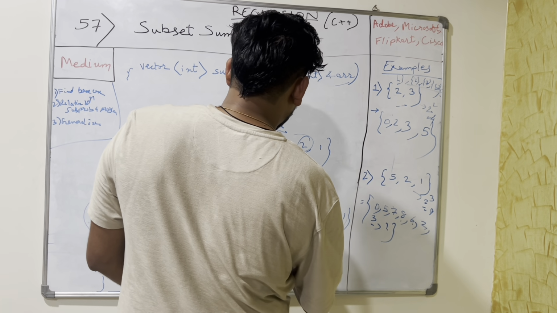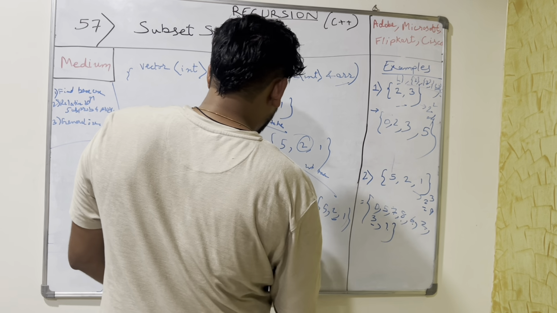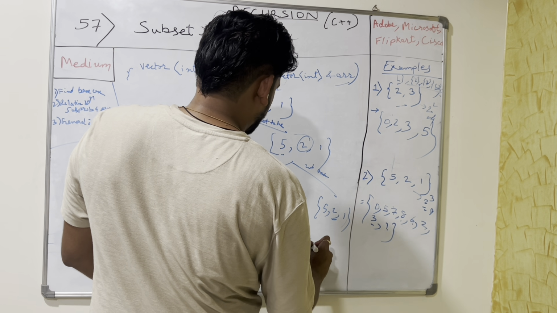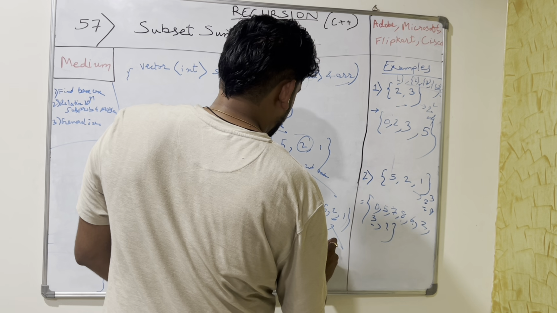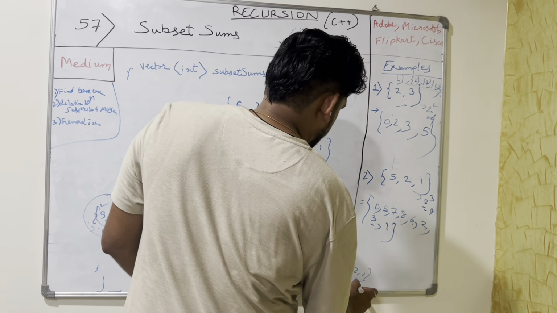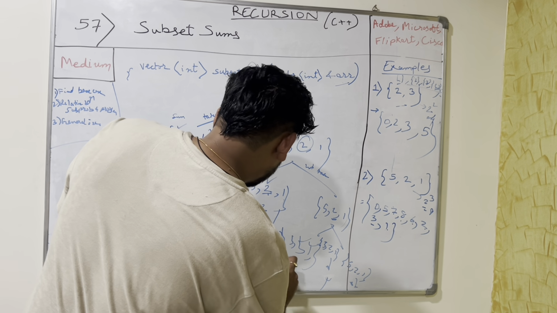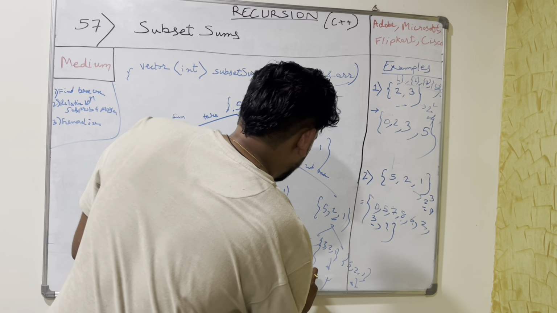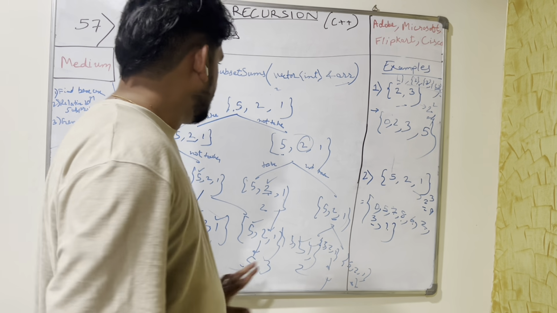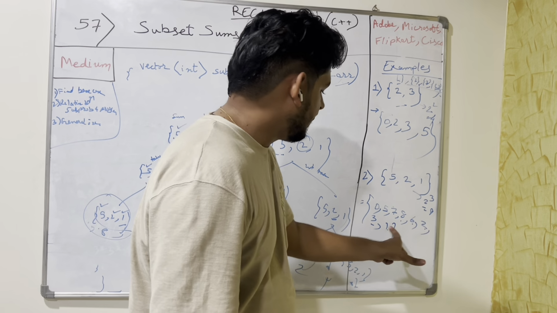So here also you move to 1, and when you go again, you have taken 1 and here you have not taken 1. So this will be empty 0, this will be 1, this would be 2, 1, 3, and this would be only 2. So in this way you have formed the recursion stack, and finally you get the answer of your subset here.